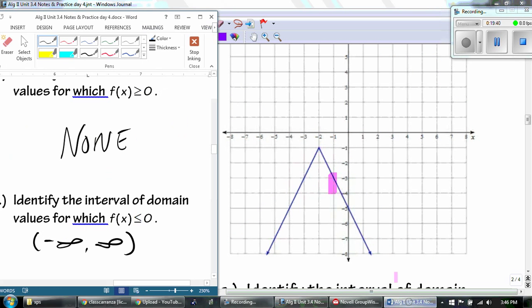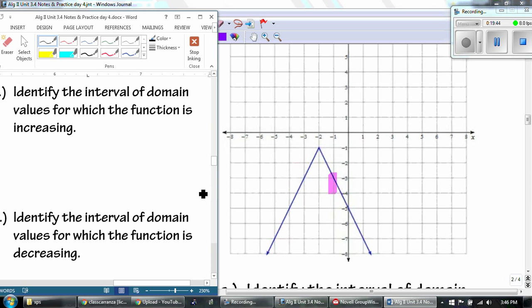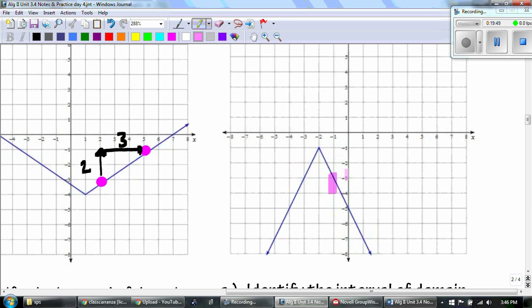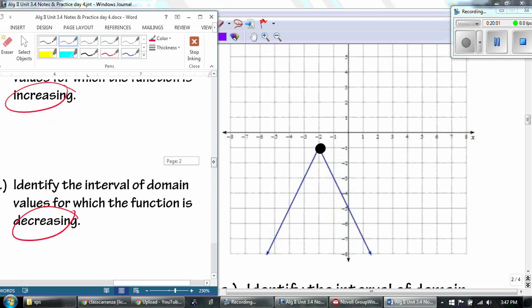Okay, so now let's look at the next part. All right, so the next 2 questions are asking you to identify where it's increasing and decreasing. All right, so come on over here to this part. There's our vertex. Go ahead and answer those 2 questions. Go ahead and pause the video and good luck.